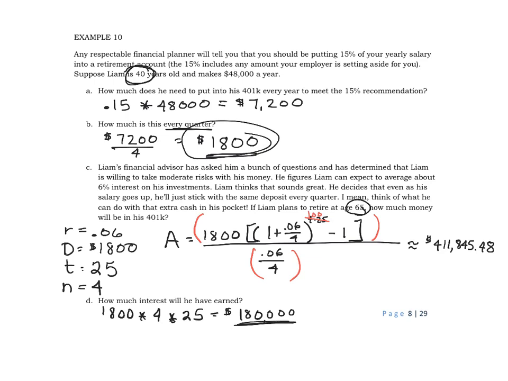The 411,845.48 is how much he'll end up with. So clearly the difference between the two is going to give us how much interest he will have earned.